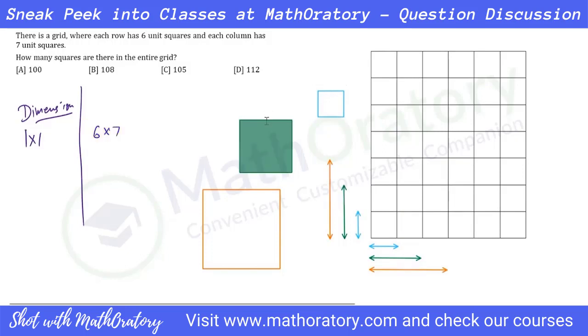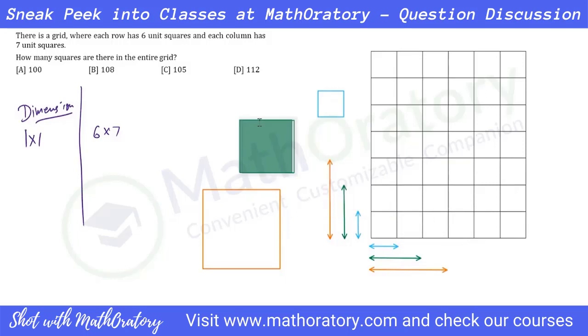Now, if you consider 2 cross 2 unit in a row, see what is happening is you have one like this. This is the second one, right? This is also another square. This is also another square. So how many of these are we getting? See, because the spacing is 2 units now between the vertical lines, you should get one less square than you were getting in the previous scenario.